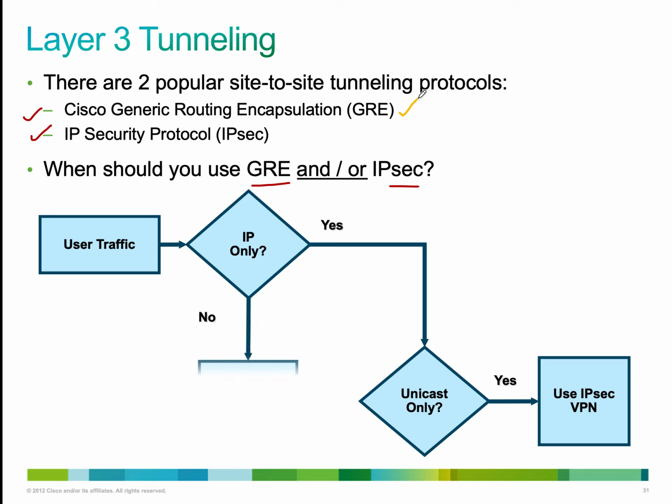But if you are not considering only IP, you are considering other things, then you use the GRE tunnel. Also, if you are not considering only unicast, it's more than unicast, you have multicast, broadcast, then it's better to use the GRE tunnel.